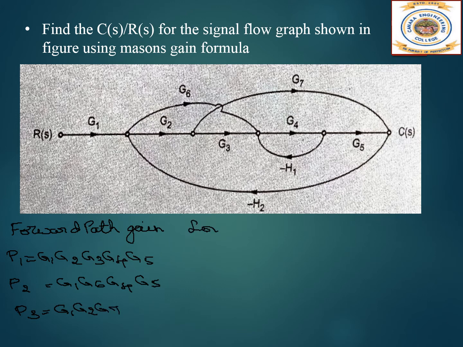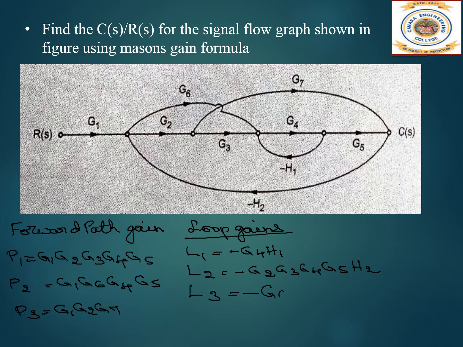Then loop gains. L1 is equal to minus G4 H1. L2 is equal to minus G2, G3, G4, G5, H2. L3 is equal to minus G6, G4, G5, H2.